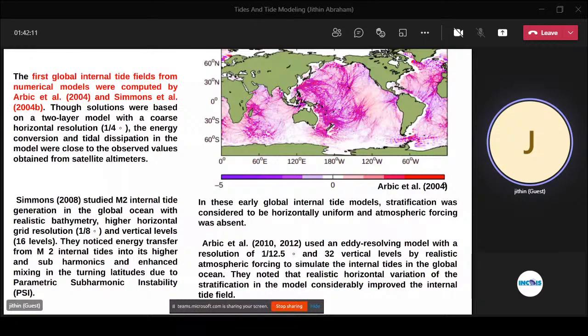In the northern Indian Ocean, internal tides are generated all along the west coast of India and the Andaman and Nicobar island ridges. Along the east coast, the generation is very big.